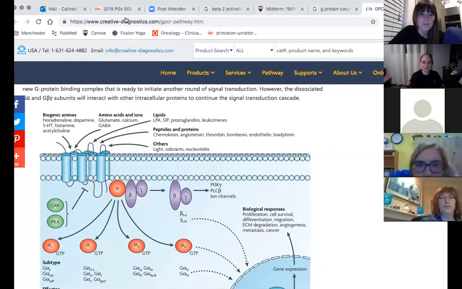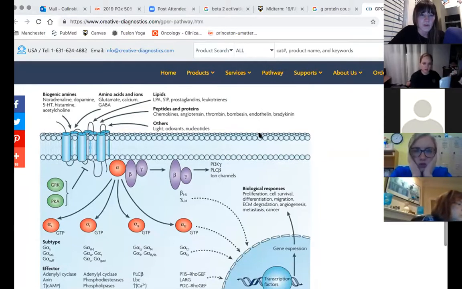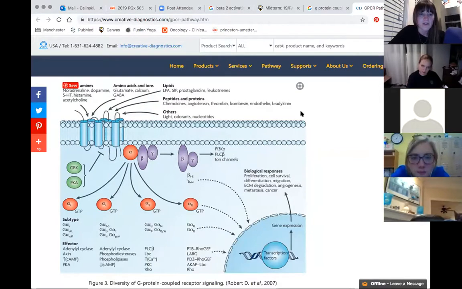So I found something that's similar to that slide that I had before about all the G protein coupled receptors. So let me show you. Oh, that's cool. So here you can kind of appreciate all the different things that will activate a G protein coupled receptor.